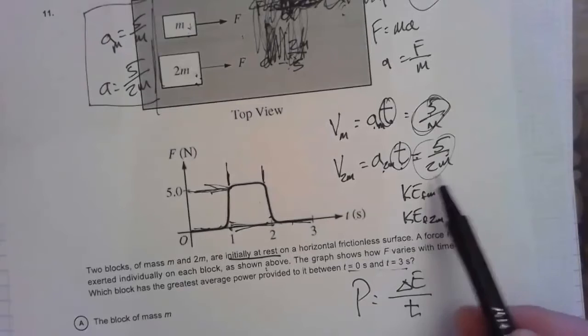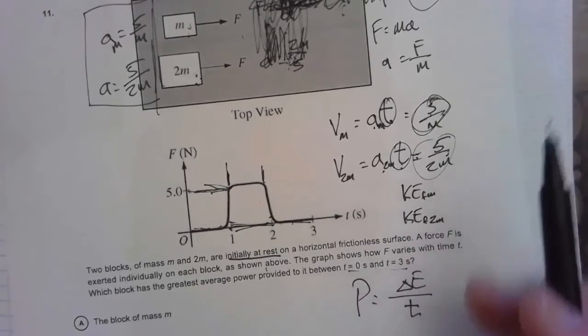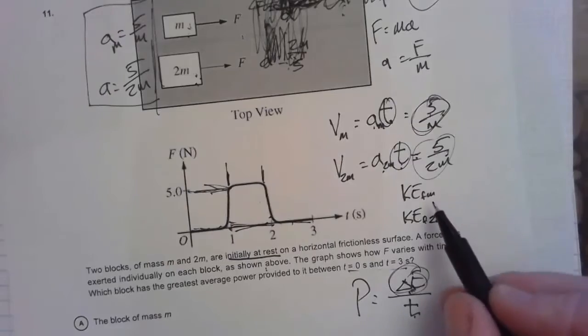We already have the time factored in because of the 1 second, so I wouldn't worry about that too much. Since they're both 1 second, what we're really looking at is which one has the bigger change in energy.